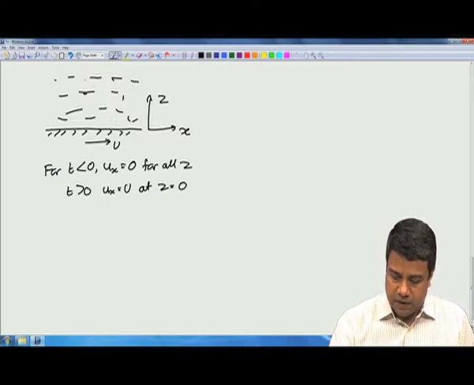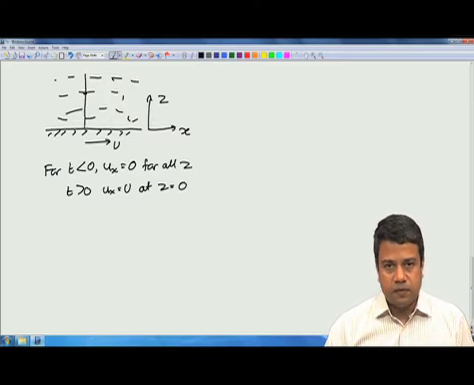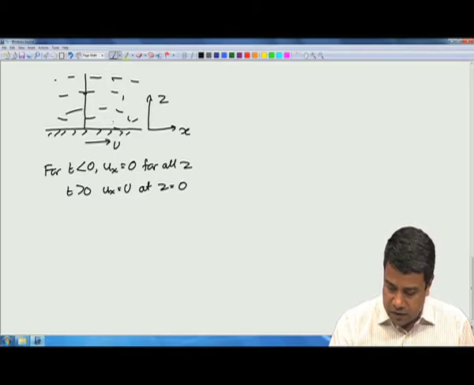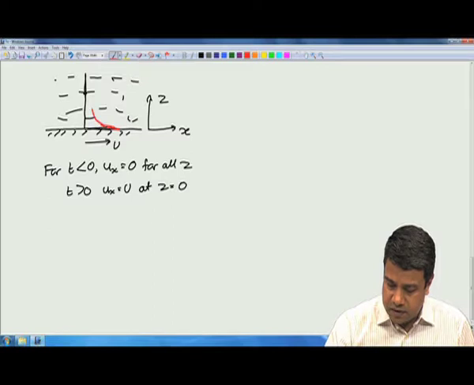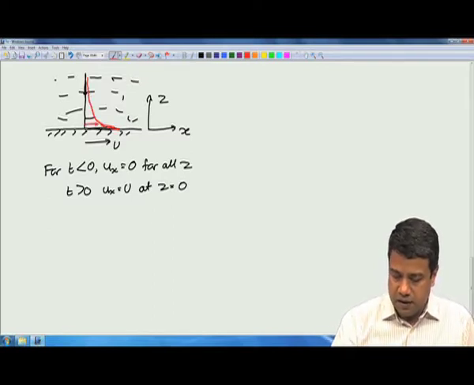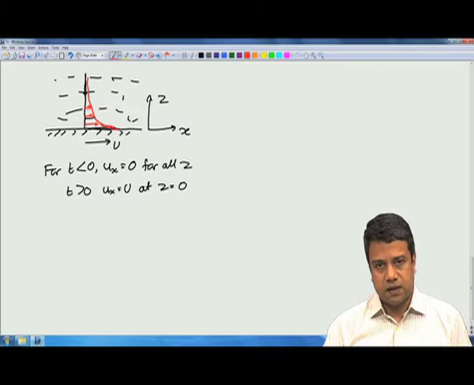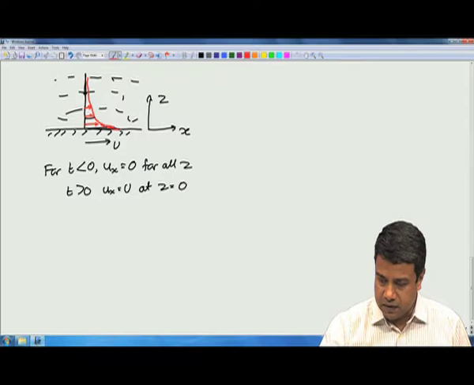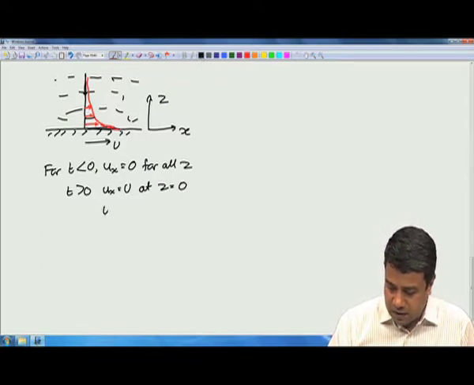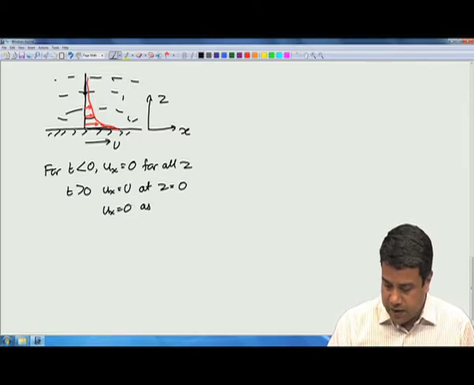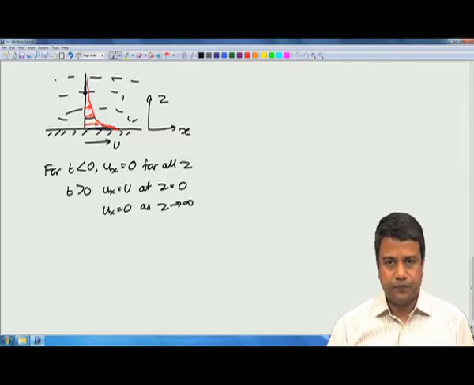And because of that, due to momentum diffusion, the fluid close to the surface will initially just have velocity u here and velocity 0 everywhere. Due to momentum diffusion, the fluid closest will start to move and you will get some kind of a velocity profile. However, we consider this fluid to be of infinite height, and therefore, far from the surface the velocity is still equal to 0, which means that ux is equal to 0 as z goes to infinity.